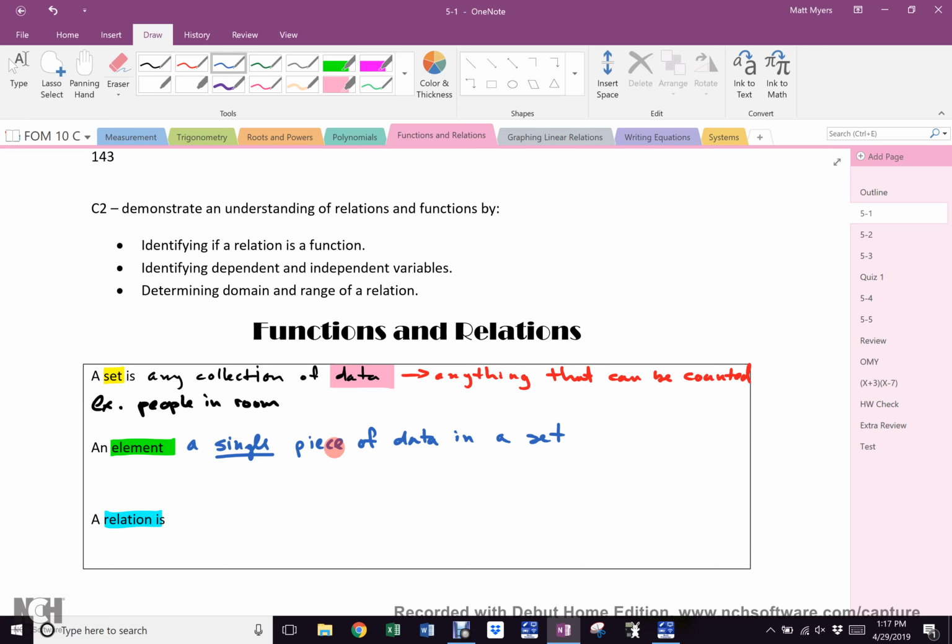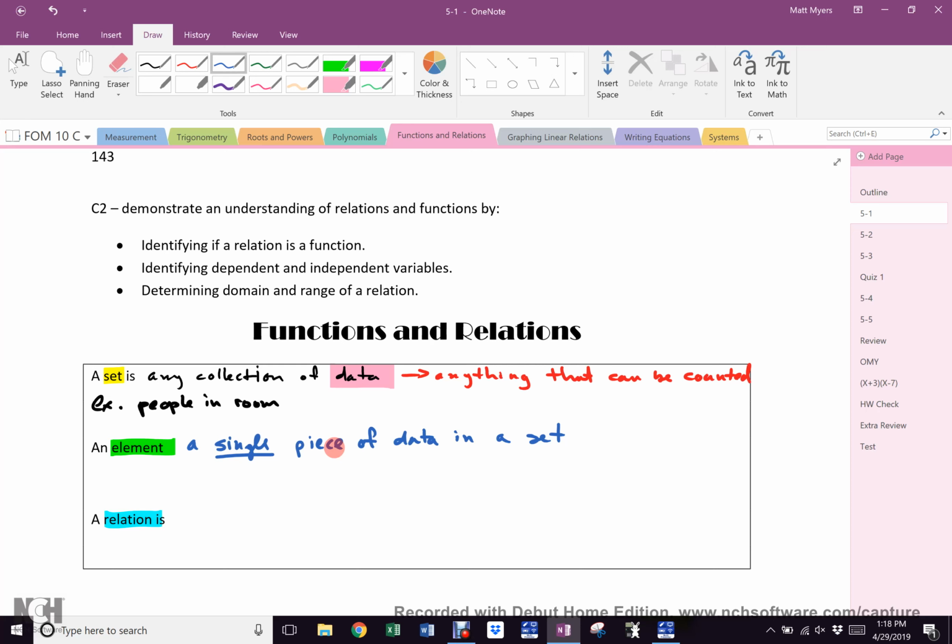Everybody cool? So a set is everything you count. An element is each single thing in that set. Yes? All right, so the easier set to use this to explain is grown-ups and kids in this room. How many elements are in the set of grown-ups in this room? 1. How many elements are in the set of kids in this room? 30 of you if you were all here. Easy peasy lemon squeezy, right?